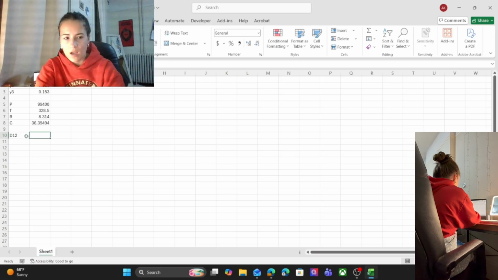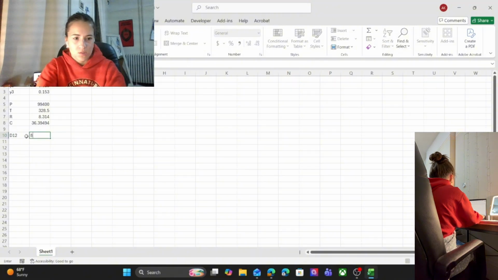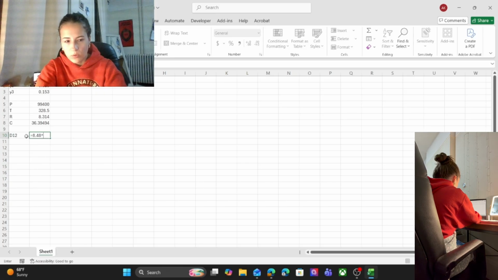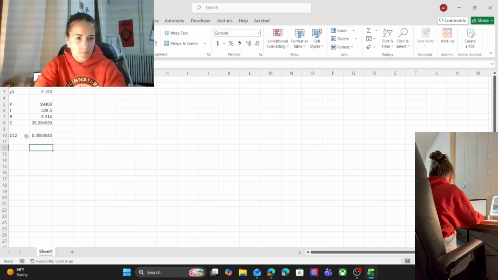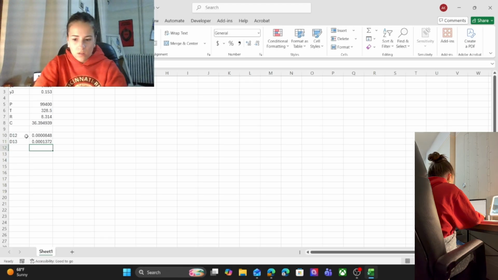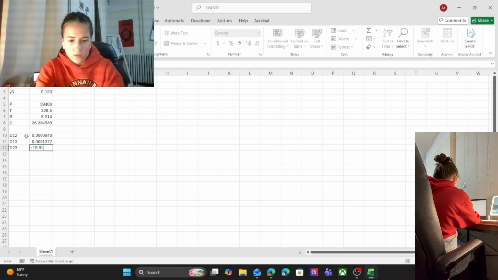Then D12, or the diffusion coefficient between 1 and 2, 8.48 times 10 to the negative fifth, and then D13, 13.72 times 10 to the negative fifth. Okay, D23, 19.91 times 10 to the negative fifth.